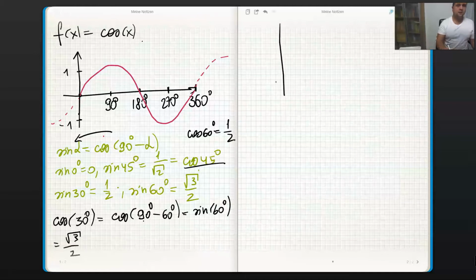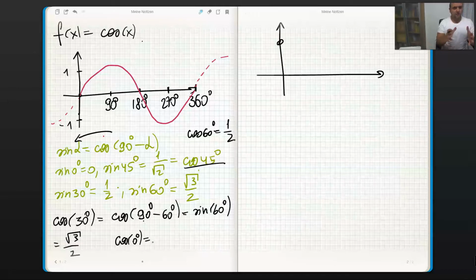What does that mean? Well, now we perfectly have the graph. We start at 1, the cosine of 0. Well, you can just look it up on the unit circle, but you can also use this formula once again. Cosine of 0 is cosine of 90 minus 90, which is sine of 90, which we know is 1.